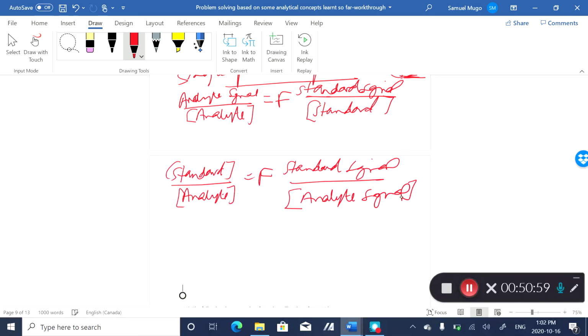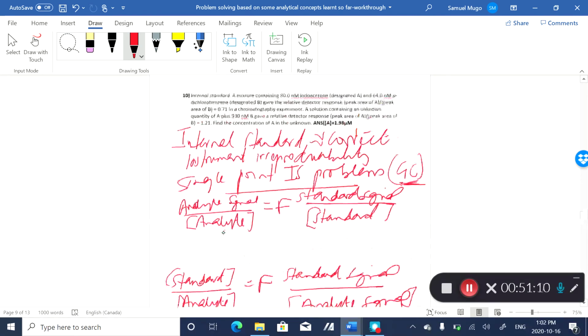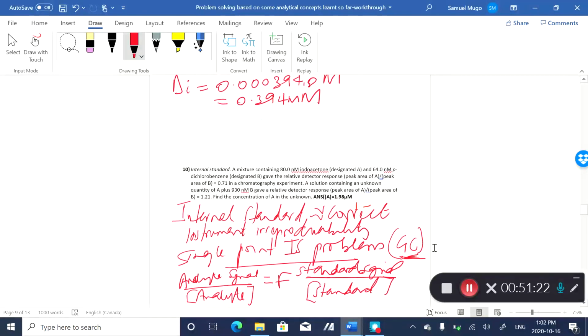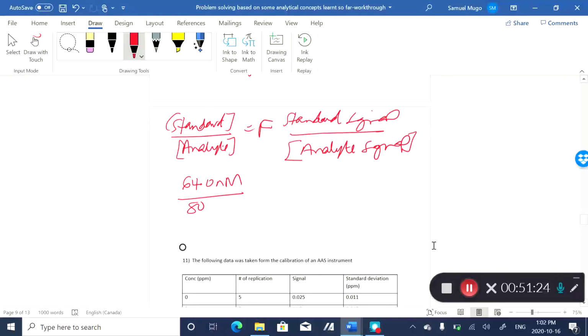All right, so if you look at the problem that we have, the concentration of the standard is given as 94.0, I think it's nanomolar. And the concentration of the analyte, which is the iodoacetone, is 80.0 nanomolar. And so the first thing you need to calculate is the response factor.